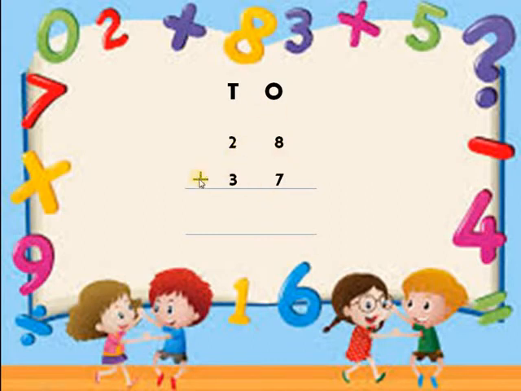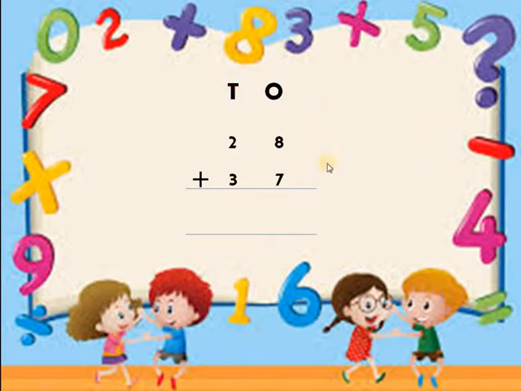28 plus 37. Watch carefully, the numbers are written in correct place value. Ones in ones place, tens number in tens place, which is very important in any of these sums.